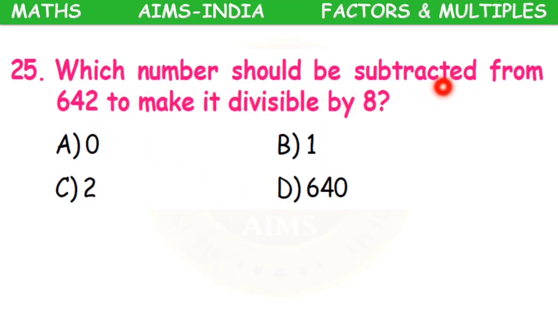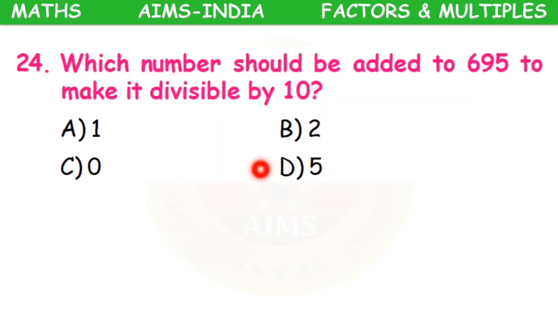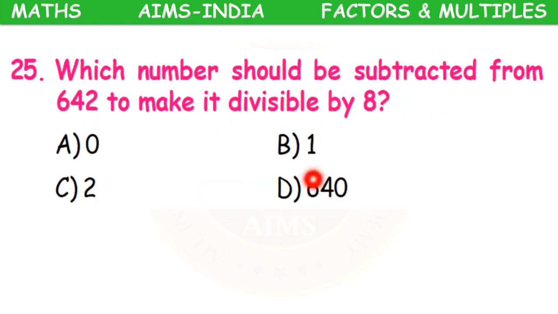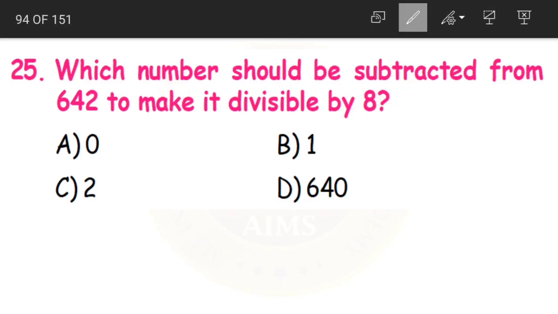Which number should be subtracted from 642 to make it divisible by 8? See, in the previous question, they asked us which number should be added to make the number divisible. Now here they are asking us which number should be subtracted to make it divisible. Now again, we have to first divide the given number by the given divisor.